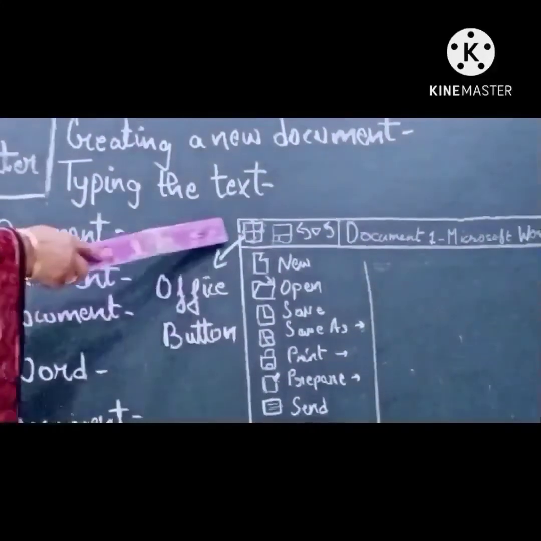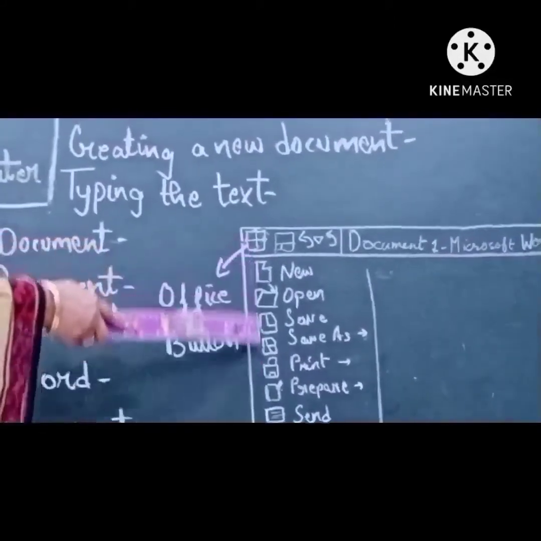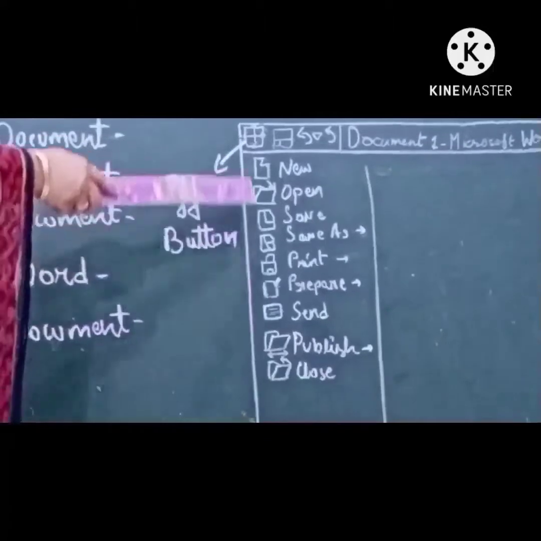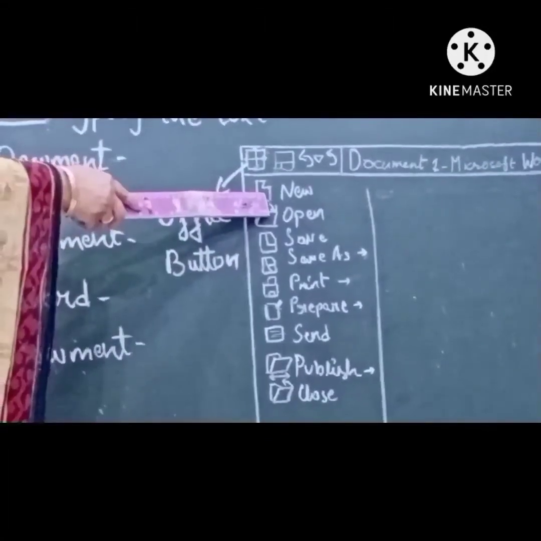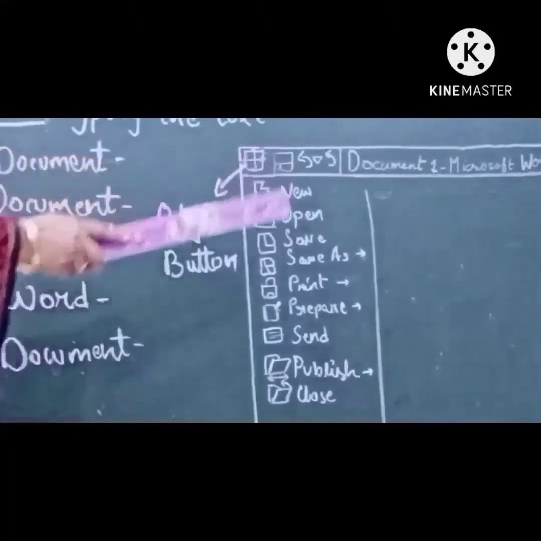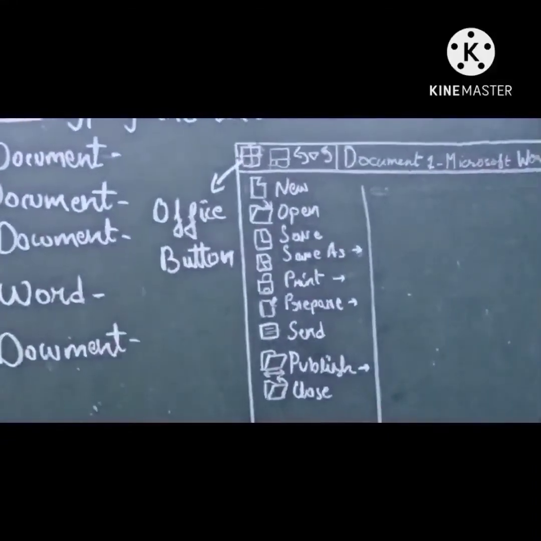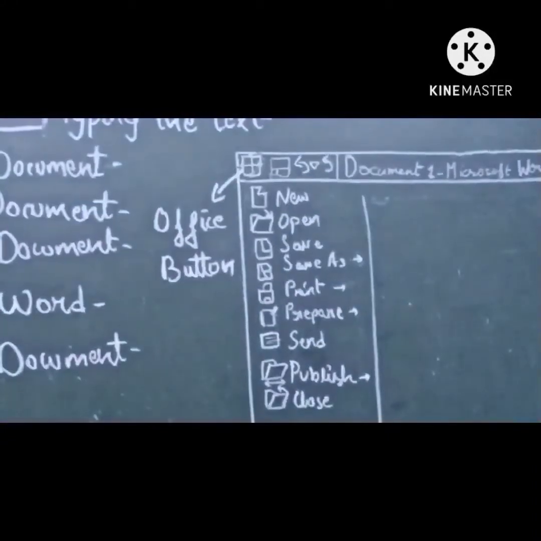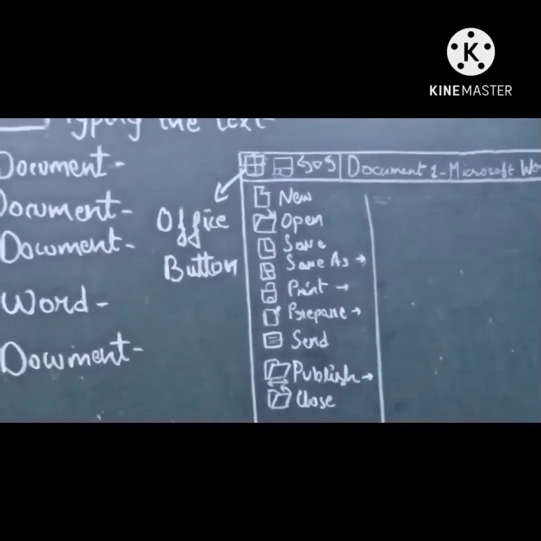Children, when you click on the Office button, these menus will appear here. You have to select the new option from here. When you click on the new option, the new document dialog box will appear.